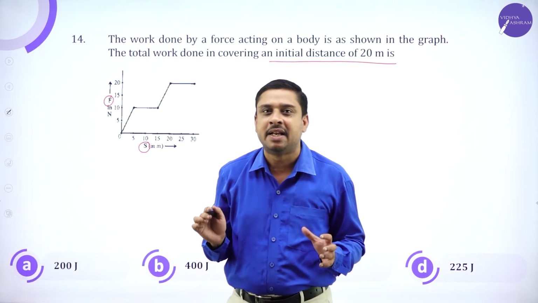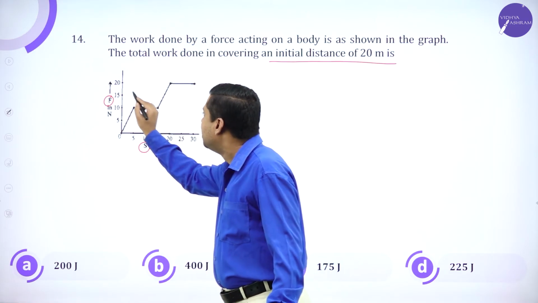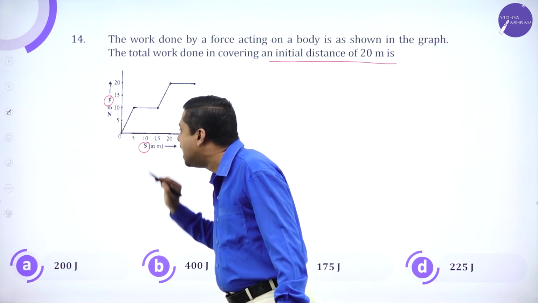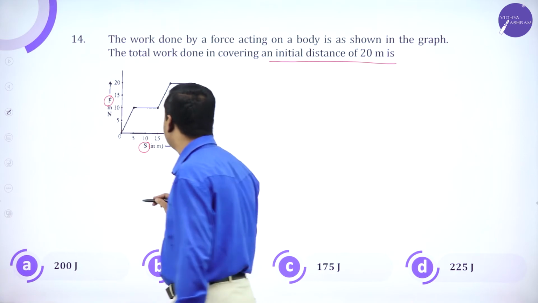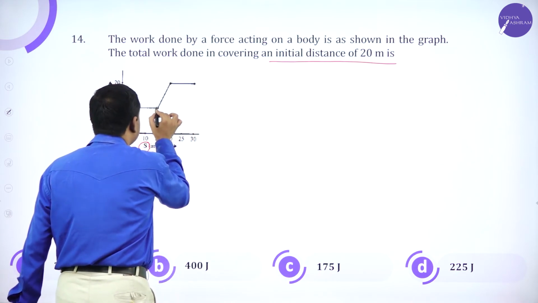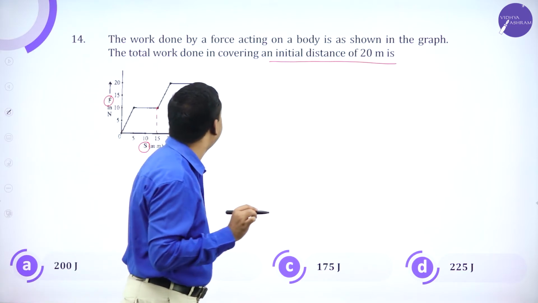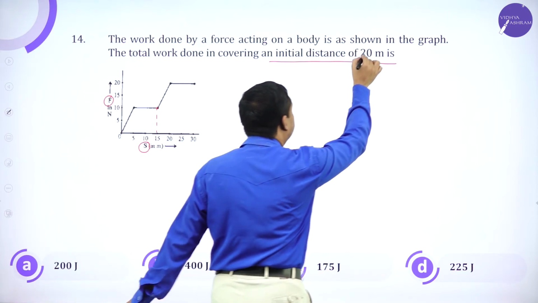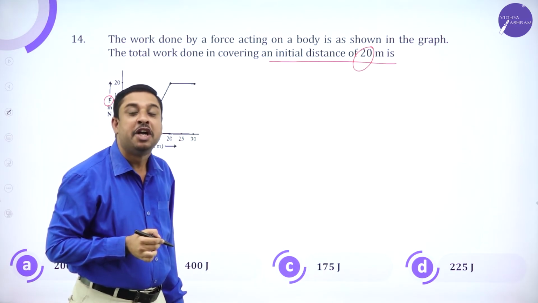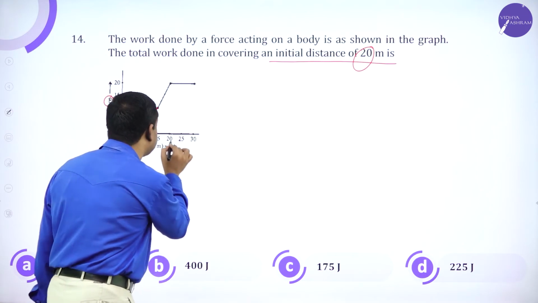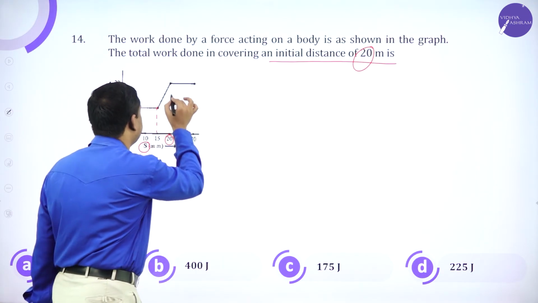So work done will be the area under the force displacement graph. Work is force into displacement. So we are asked to calculate the work done in covering a distance of 20 meters. This is my focus, 20 meters.